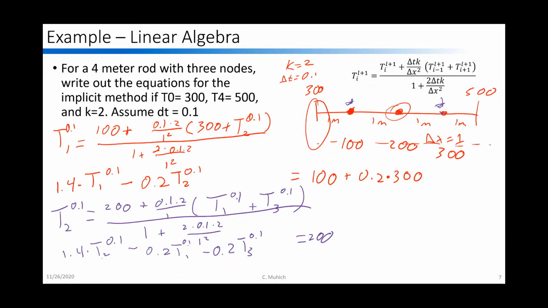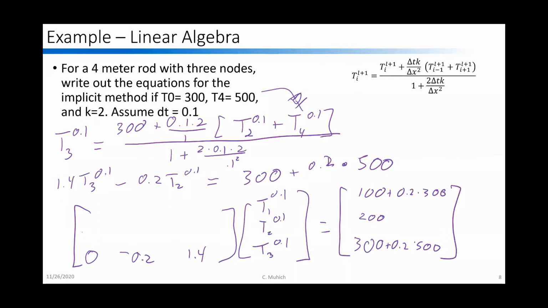That was negative 0.2 for T1, 1.4 for T2, negative 0.2 for T3. And then we're going to see the same thing for T1: 1.4 times T1, negative 0.2 times T2, and 0 for T3.